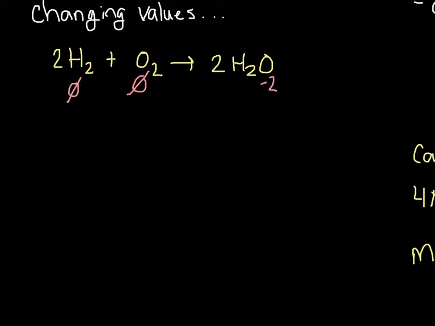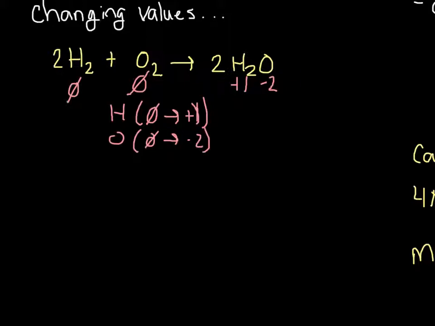Oxygen has an oxidation number of -2. Each hydrogen has an oxidation number of +1. So that hydrogen is going from a 0 to a +1. Oxygen is going from 0 to a -2.